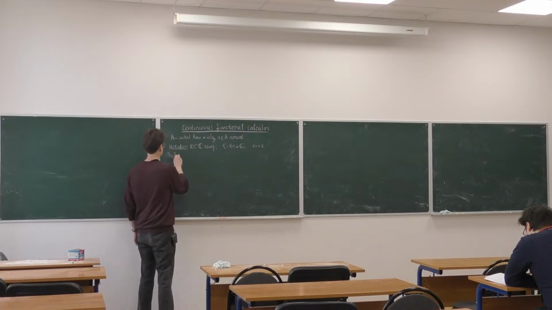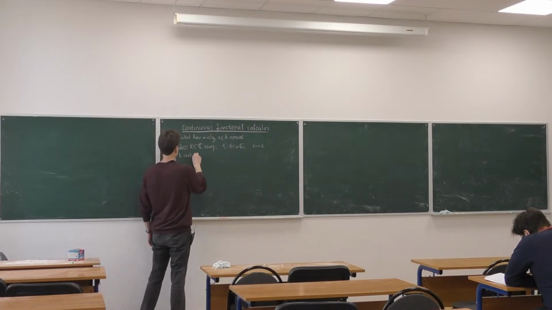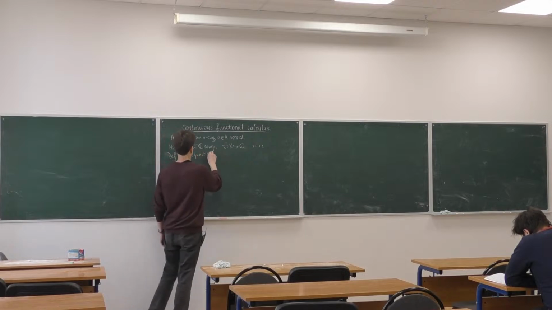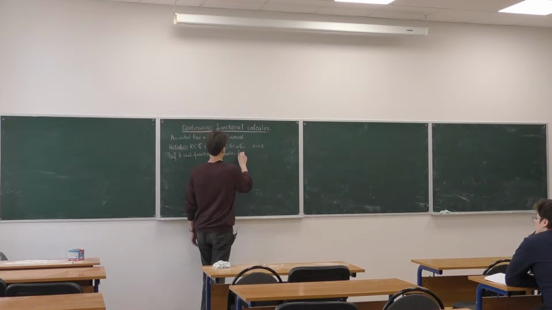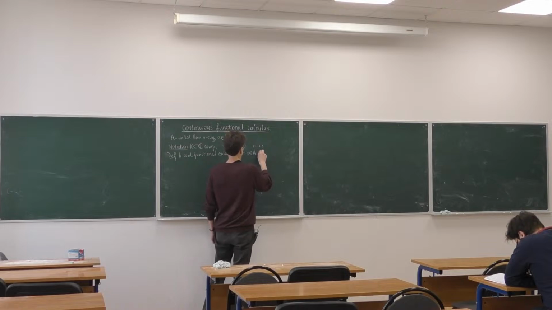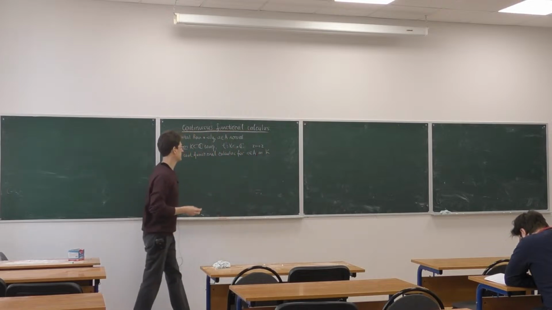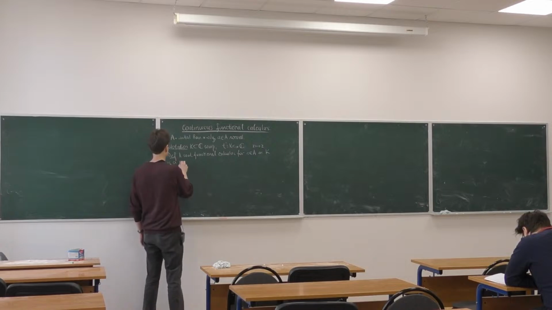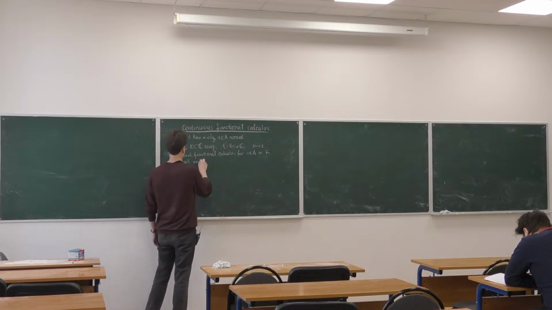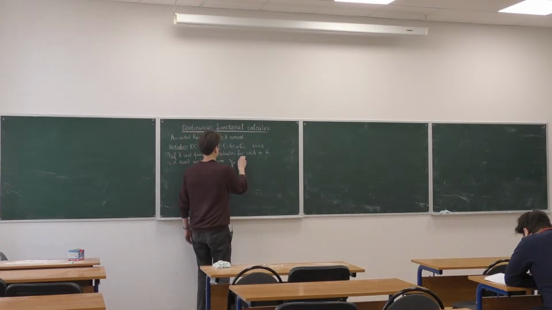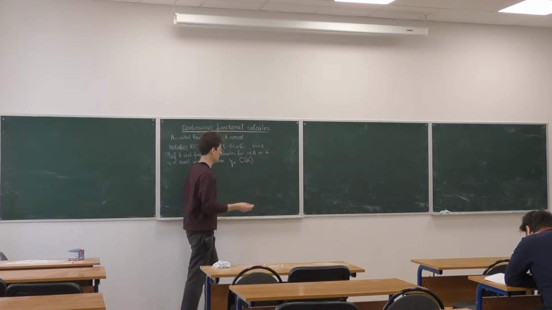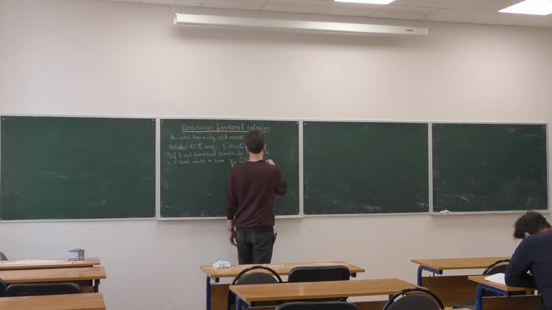By definition, a continuous functional calculus for little a on K, on this compact set, is a continuous unital star homomorphism gamma_a from C of K, the algebra of continuous functions on K, to A, such that this homomorphism takes little t to a.